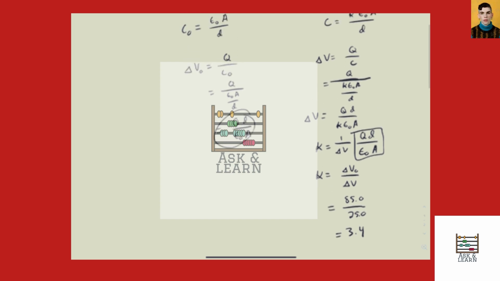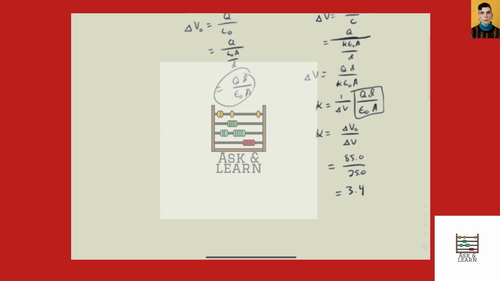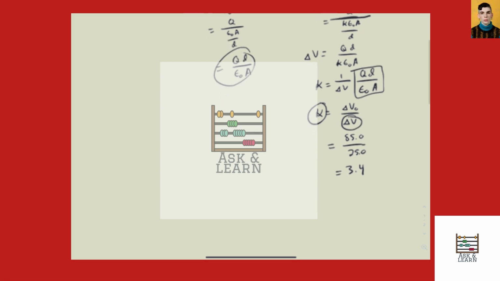So if this kappa weren't quite as high, then in order to make this lower, we need to increase the delta V. So the potential difference of the capacitor, if it weren't completely filled, would probably be a little bit higher than 25 volts. It depends on how much of it was filled with the dielectric, but it would be somewhere between 25 and 85 volts.